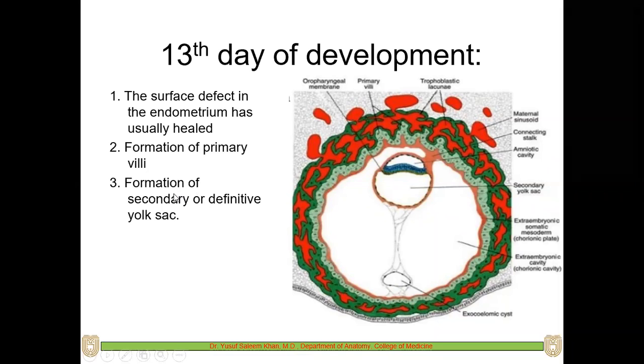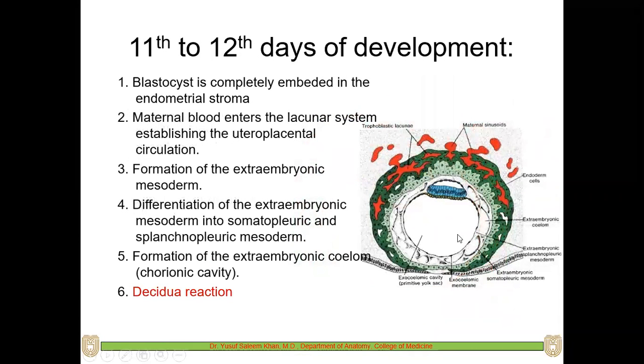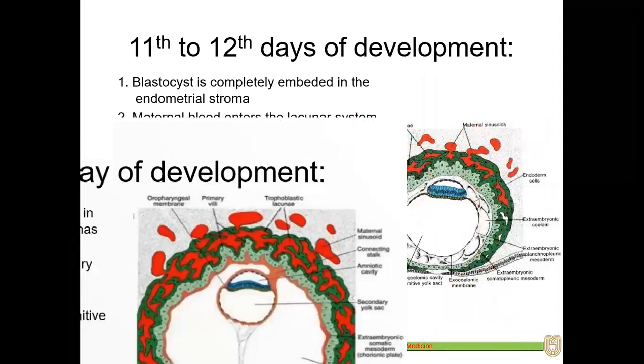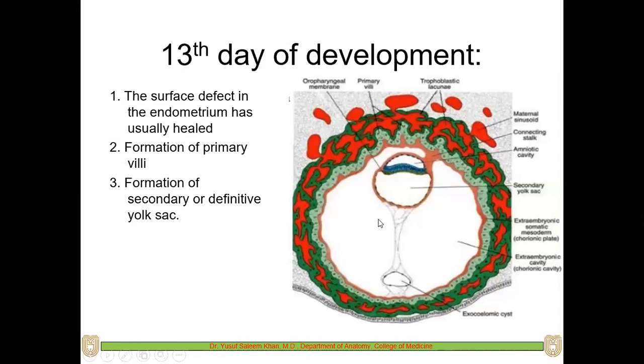Formation of the secondary, or definitive, yolk sac. This was the primary yolk sac here. Now with the joining of all these extra embryonic coeloms, these coeloms join together to form a very big cavity. Still the splanchnic layer and the somatic layer are there, but this cavity has become very big, and the primary yolk sac has become smaller and smaller.